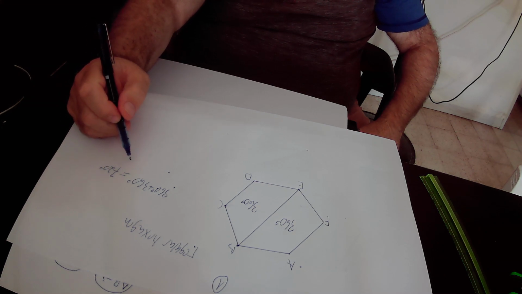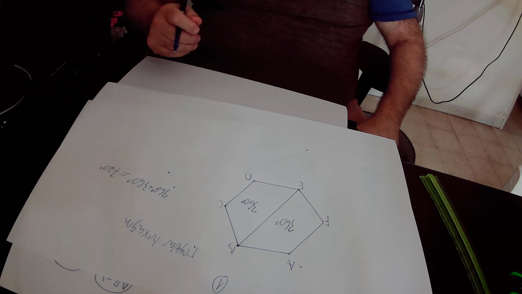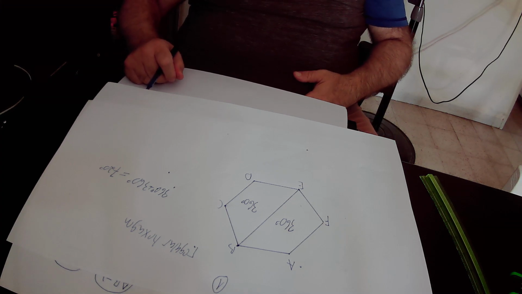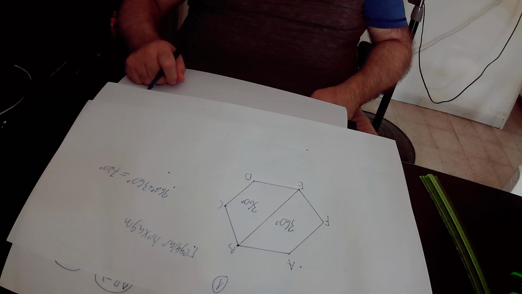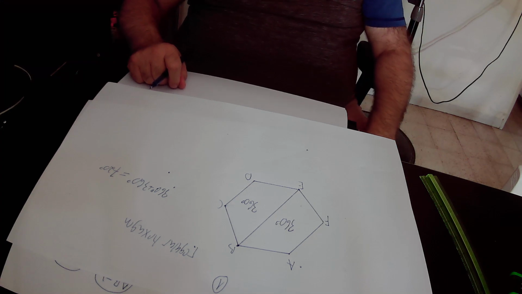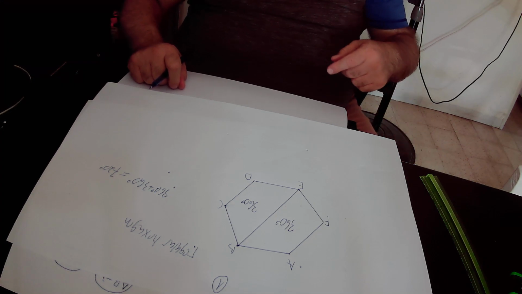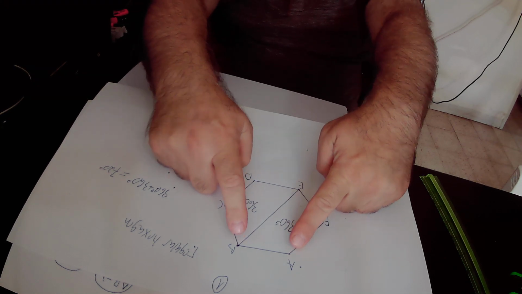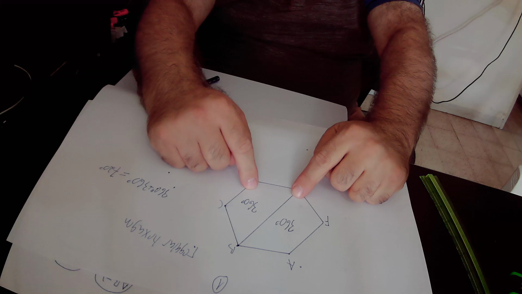So we actually found out that the sum of the angles in any regular hexagon is equal to 720 degrees. And because of the fact that any hexagon has 6 equal interior angles, all those angles are equal to each other.